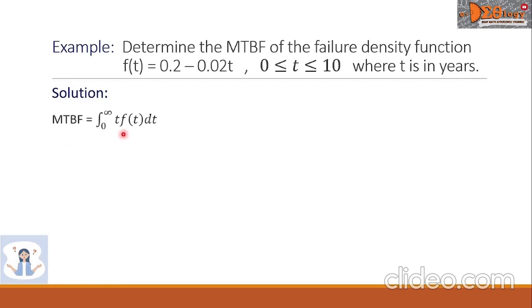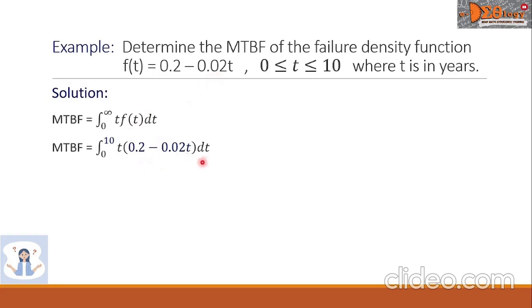So this is about the small f of t. Substituting the corresponding values, we have now like this. MTBF is equal to the definite integral from 0 to 10. And this is the variable t times the value f of t. We have this value and we substitute it here.